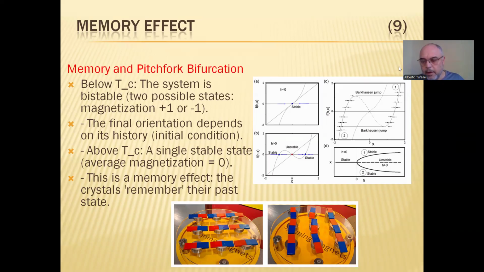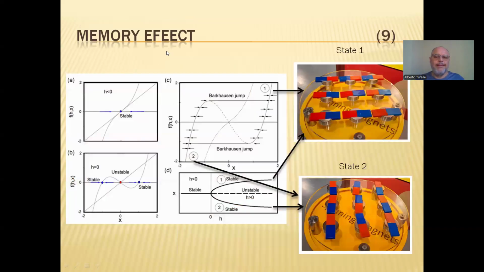If the ice crystal system is coming from here, it remains here and jumps in this direction, and if it's coming from here, it jumps in this direction. So you have two states, one state that's stable here, another state that's stable here. This is the memory effect: you have this state or this state.